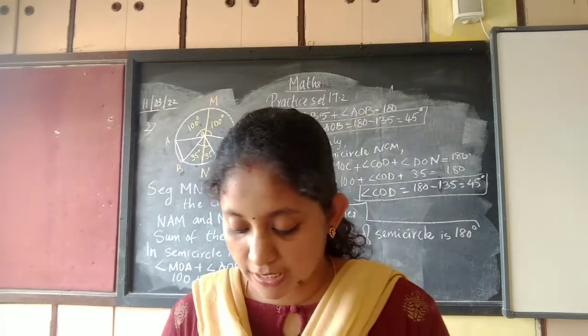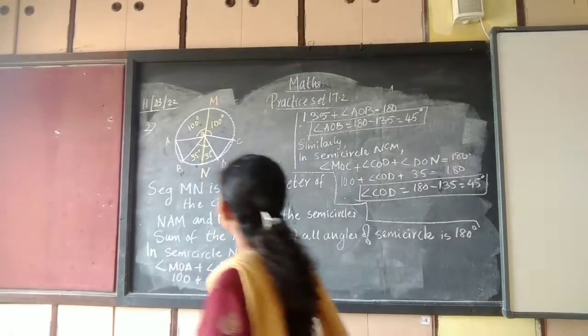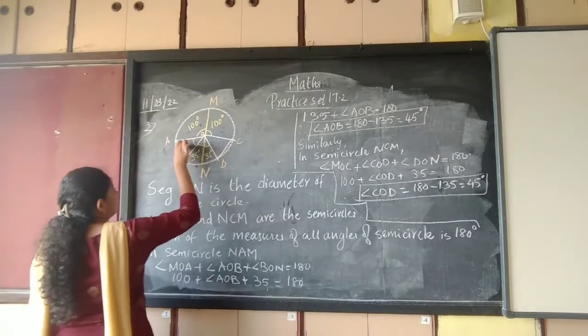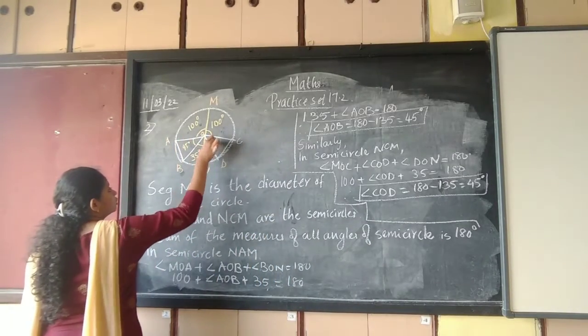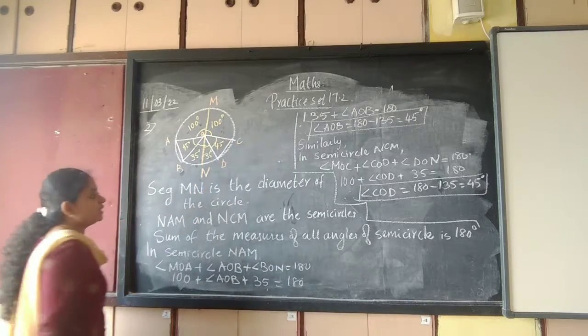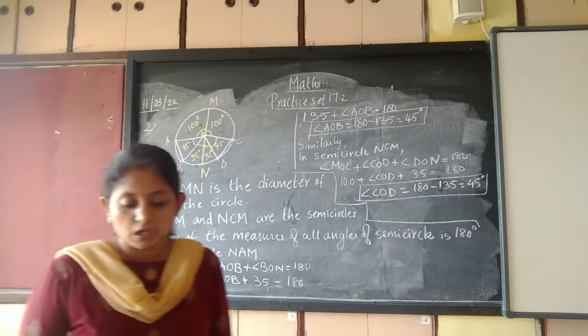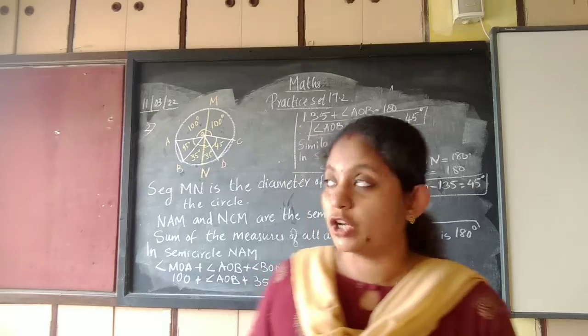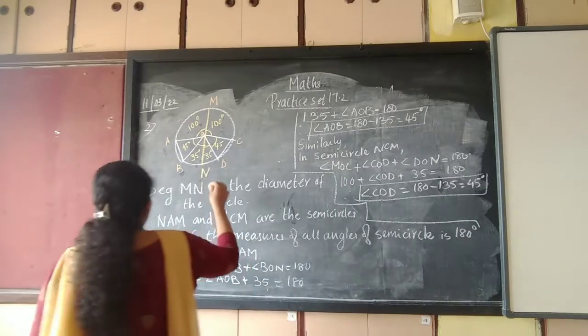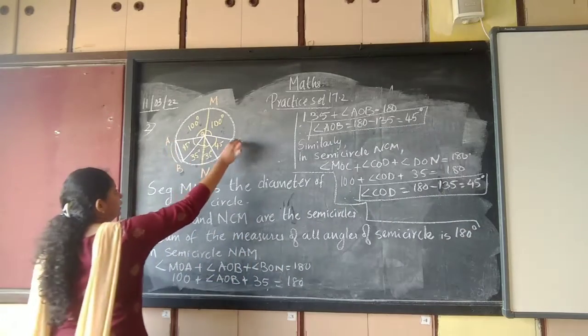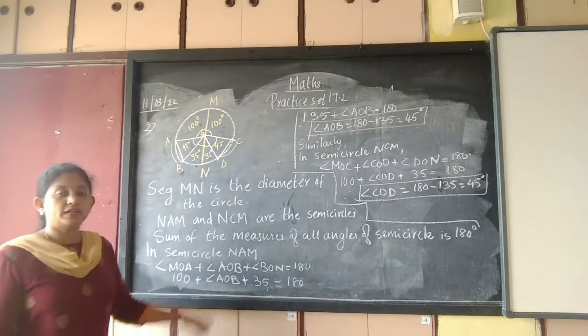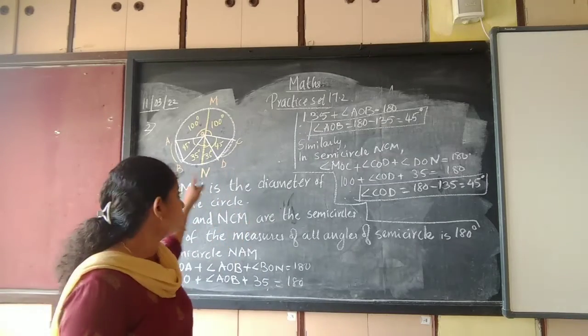Now students, what is asked? So we got the angles over here. How much? 45 degrees. Here also 45 degrees. Now they have asked us to show that arc AB is congruent to arc CD. That means this arc is congruent to this arc. To tell that they are congruent, what measurement do we need?